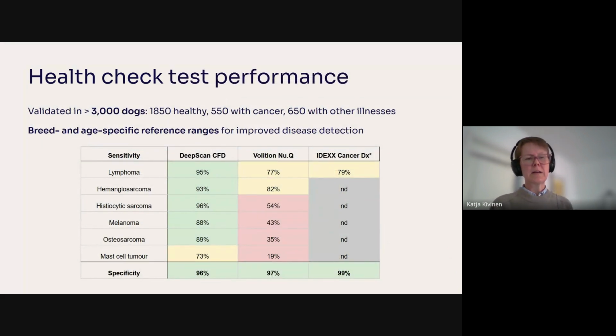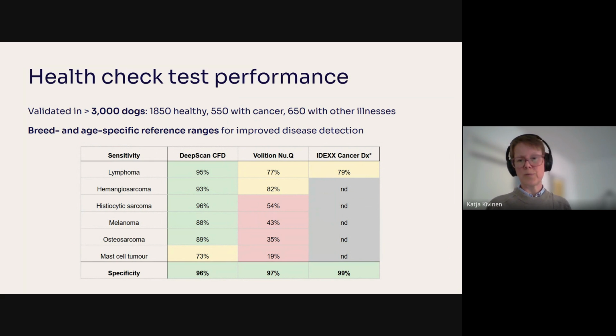And then here's just a slide comparing us to Bolicious Nu.Q that's already on the market, and then the coming lymphoma test from IDEXX. Just wanted to say that our test has been validated in more than 3,000 dogs so far, and more coming, of course, all the time.